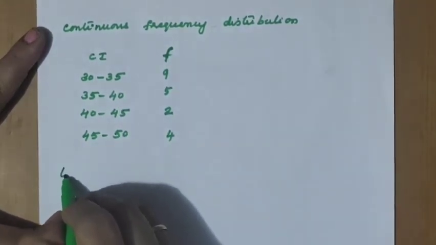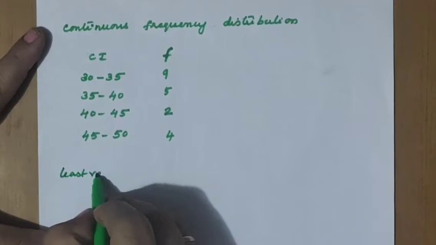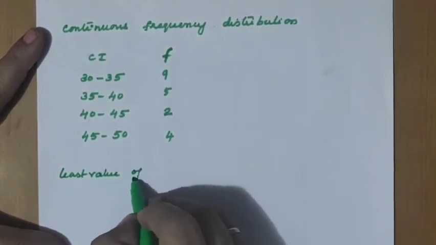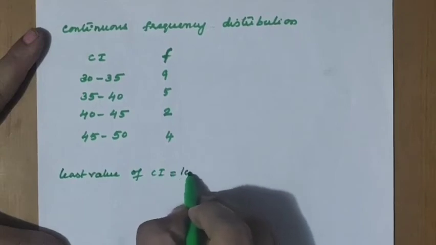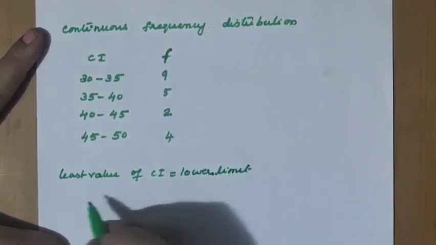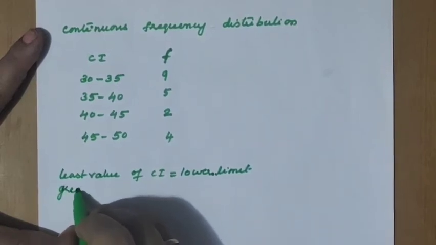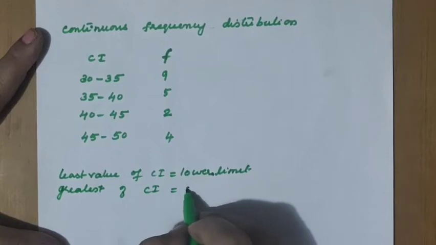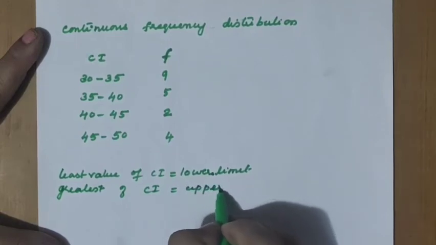So the least value of the class interval is called the lower limit, and the highest or greatest value of the class interval is called the upper limit.